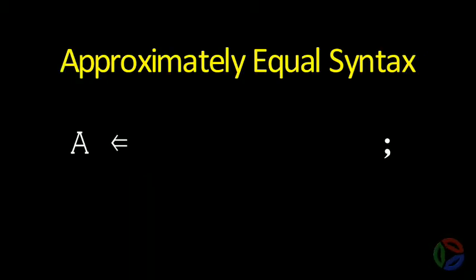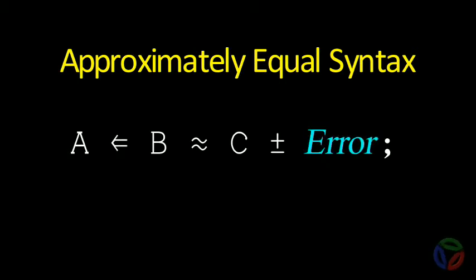The way we write this in phi is to write the first operand followed by the Unicode approximately equal symbol, followed by the second operand. This is then followed by an auxiliary operator, the Unicode plus or minus symbol, then followed by an error or tolerance operand.